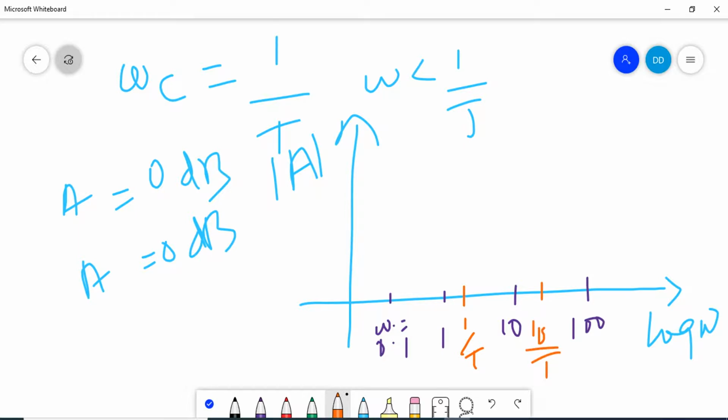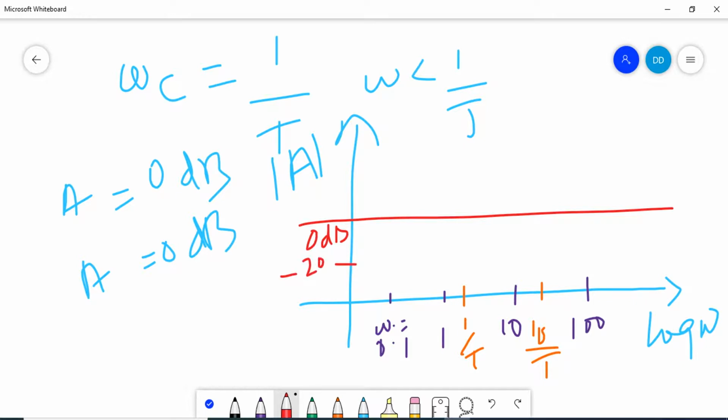And we need to have the 0 dB line. So let this be our 0 dB line, and we will have minus 20, minus 40, this is plus 20, plus 40.